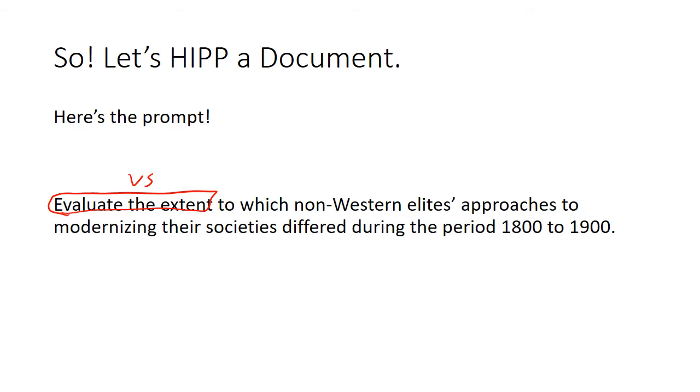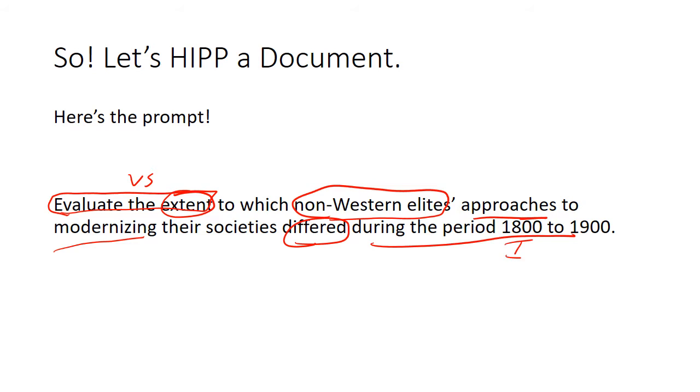I'm comparing something, and here I'm comparing extent. So to what extent did non-Western elites have differing approaches to modernizing their society during the Industrial Revolution, which is what that is. Again, you're going to have some that really want to modernize, versus those that don't.